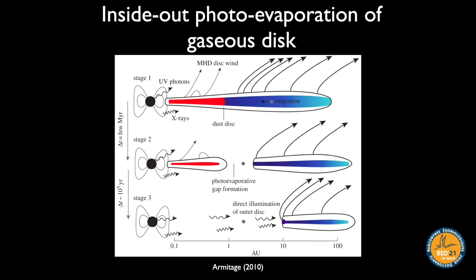But then what the disks do at the late phases can matter too. And so one key process late in the game is that disks evaporate. Like I talked about before, disks go away after a few million years. What does that mean? Well, the predominant thinking is that disks actually evaporate from the inside out. Once they slowly drain away for a while, when they're below a certain critical density, the energetic radiation from the central star can basically give them a strong kick and clear them out from the inside out.